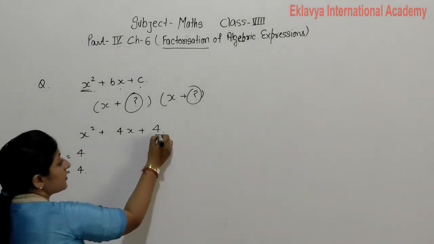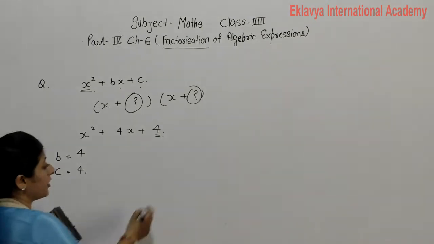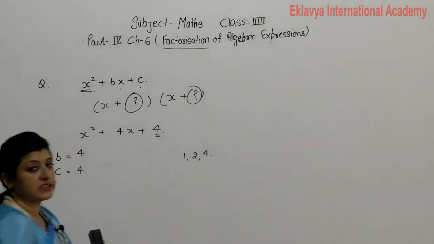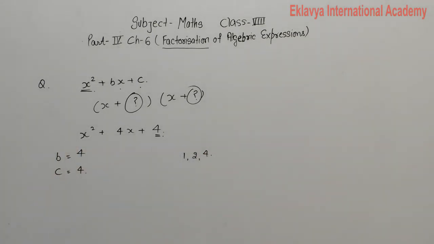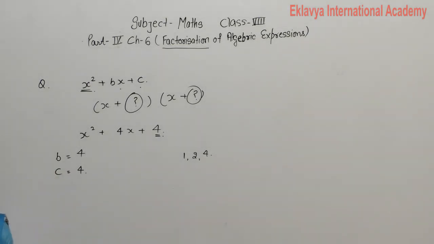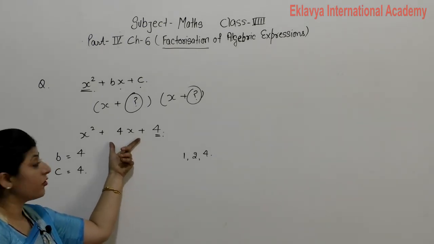It means you have to take the constant term and find the factors of 4: 1, 2 and 4. Then we will use the factors of 4 such that the product of these two factors becomes 4 and the sum of these two factors also becomes 4, the coefficient of x.